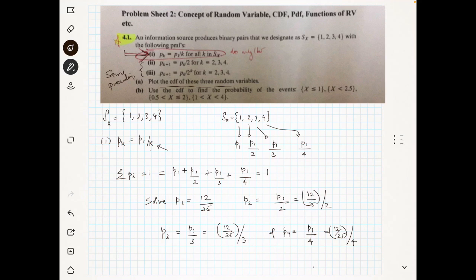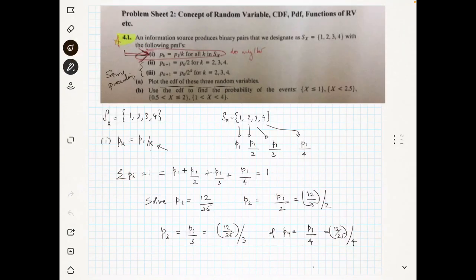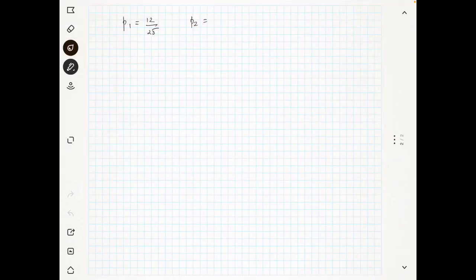So you can see what our p1 is. I will rewrite it again. Our p1 you will get as 12 by 25. Then p2, if you substitute, is 12 by 25 divided by 2, so it is 6 by 25.